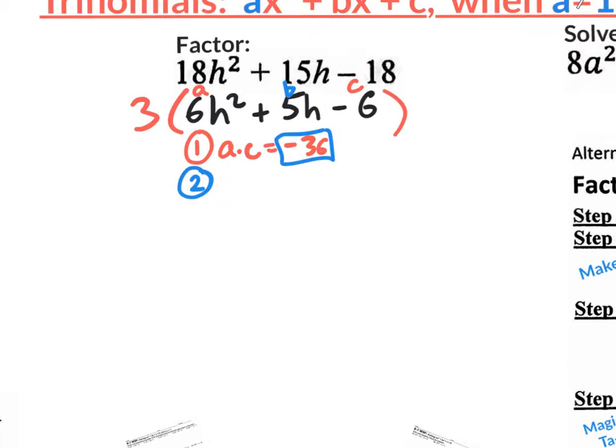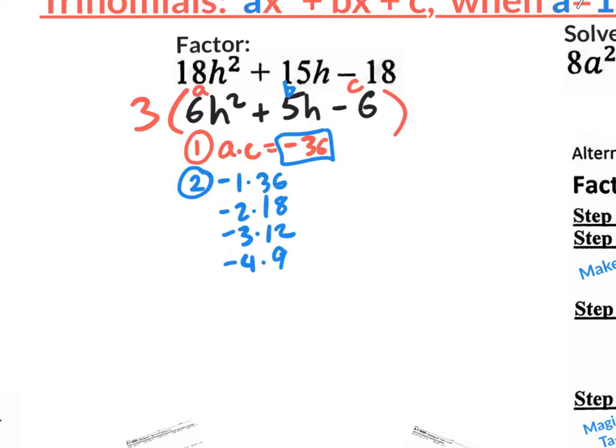So anyways, let's do step 2, which is make a list. Negative 1 times 36. Negative 2 times 18. Negative 3 times 12. Negative 4 times 9. And if you're not too comfortable with multiplication, just get your 36 and divide it by 3. It'll get you 12. 36 divided by 4, it'll get you 9 on a calculator. Anyways, you make that list.